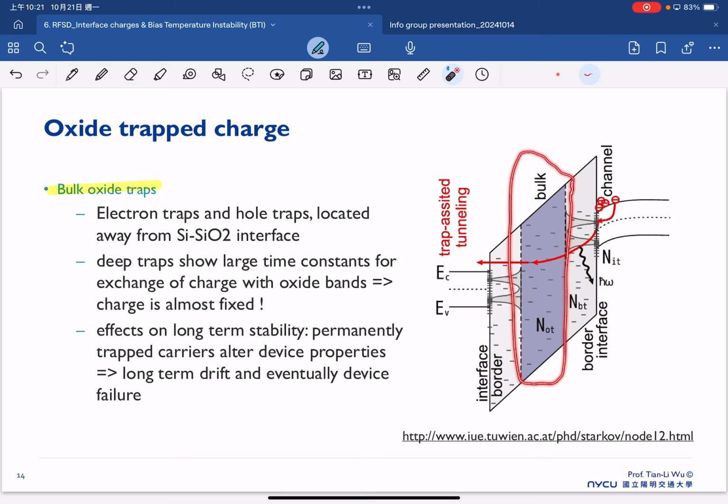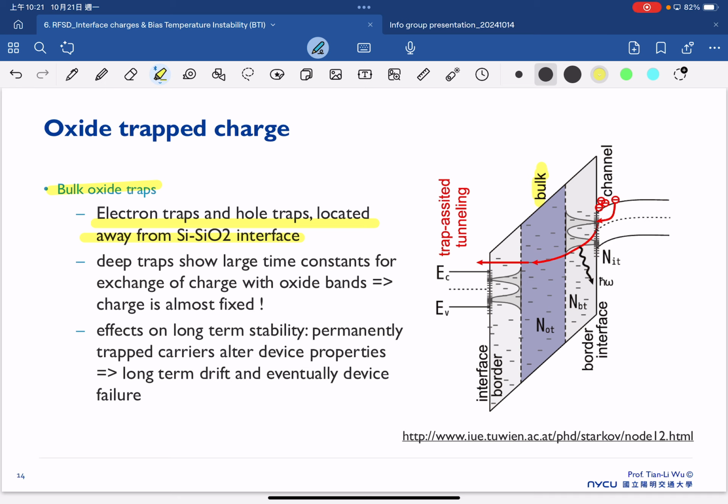This is what we call the bulk region here. So the bulk oxide trap is an electron trap and hole trap located away from the silicon dioxide interface.